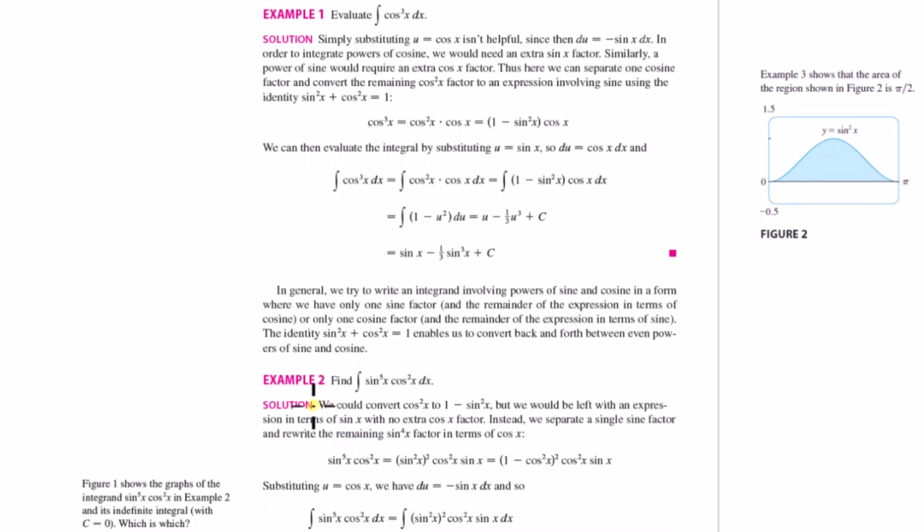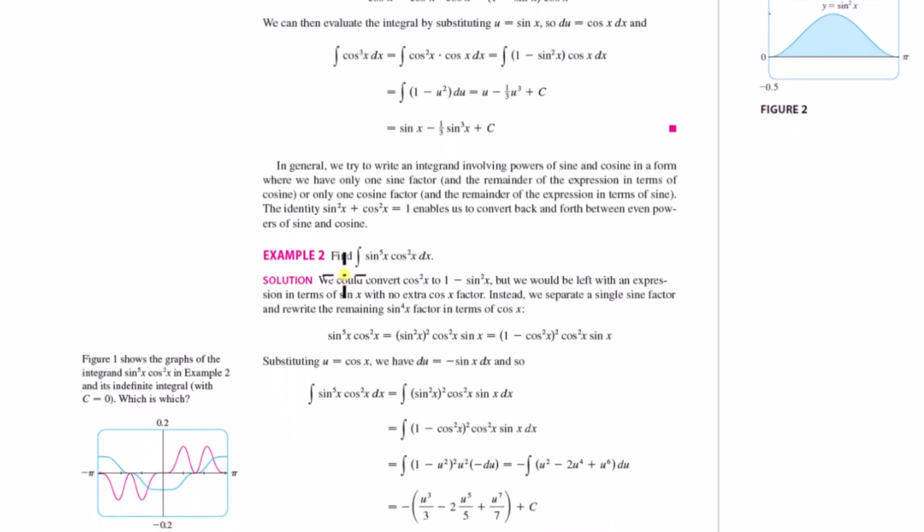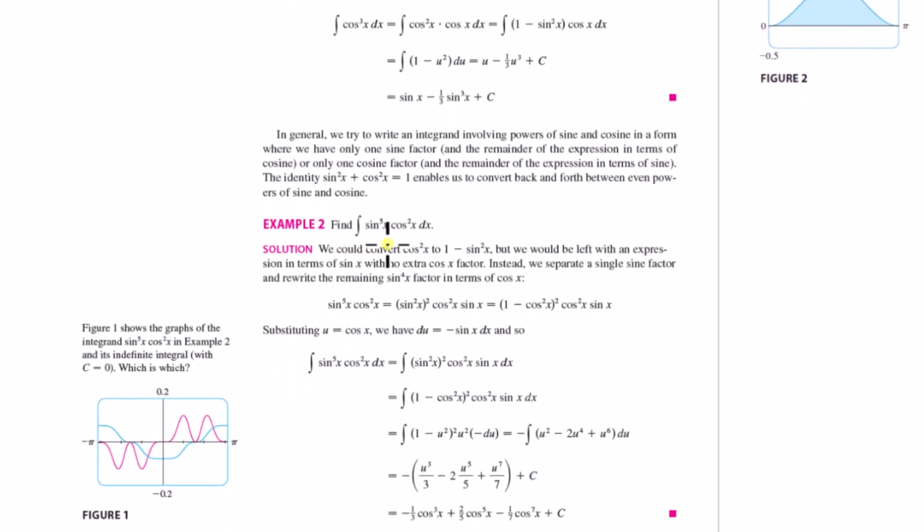Now, what if we have a power of sine multiplying a power of cosine? To solve this, we're going to use the same strategy, where we're trying to separate this into a function of sine times cosine x dx, or a function of cosine times sine x dx. So how are we going to do that here?